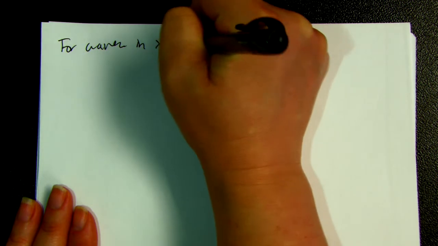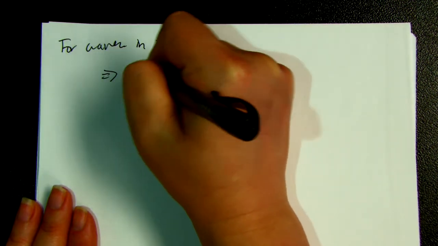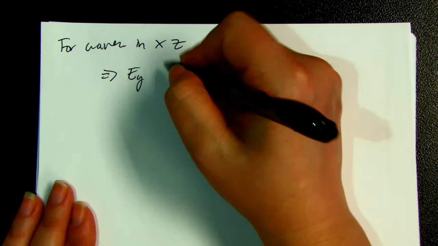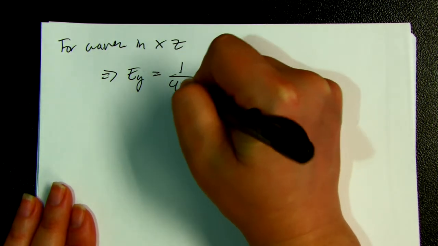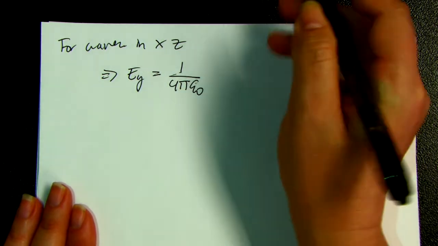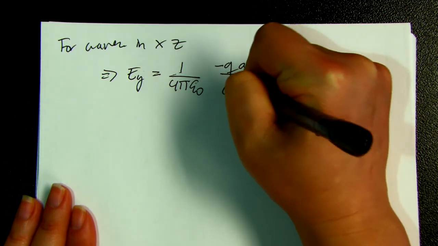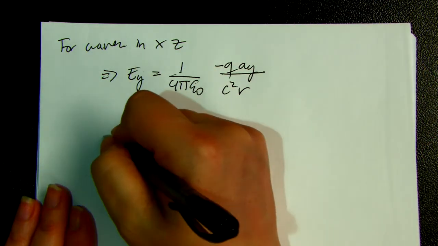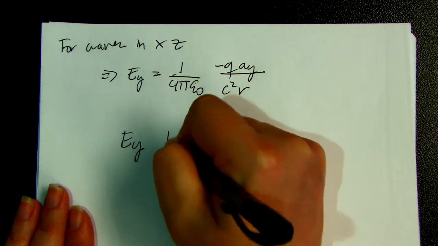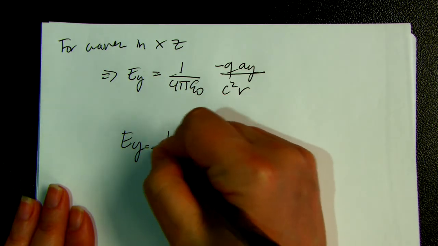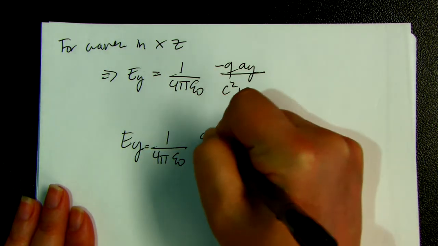So for waves in xz, you would have the electric field in y is equal to 1 over 4 pi epsilon naught times minus q a_y c squared over r. So you'd have E_y equal to 1 over 4 pi epsilon naught q.